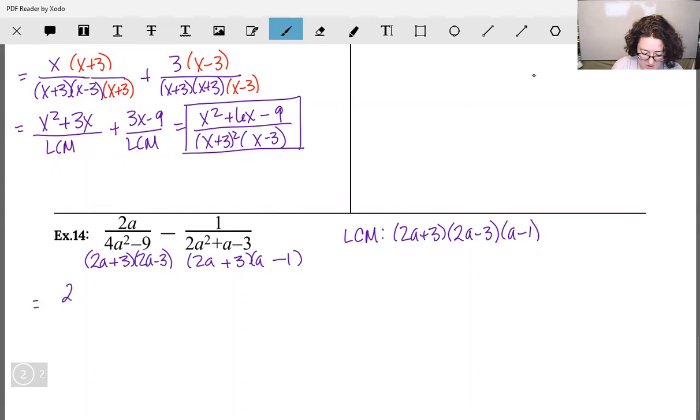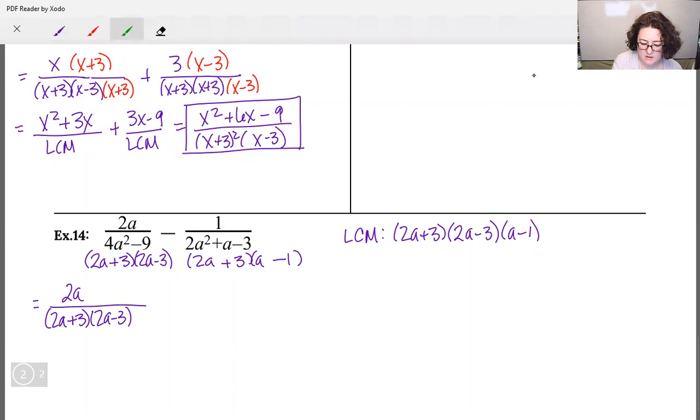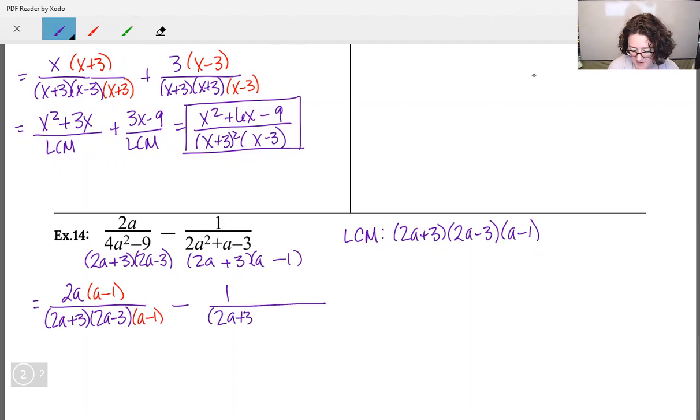First fraction, 2a over 2a plus 3, 2a minus 3. We're missing the a minus 1, so multiply that in numerator and denominator. Minus 1 over 2a plus 3, a minus 1.